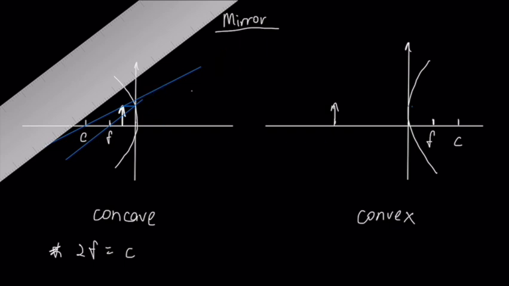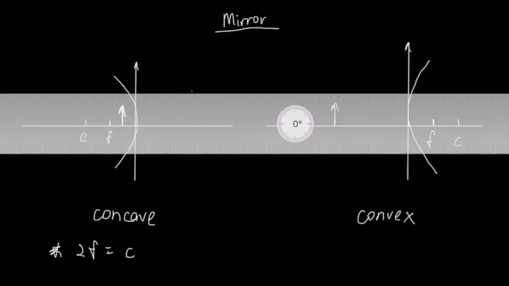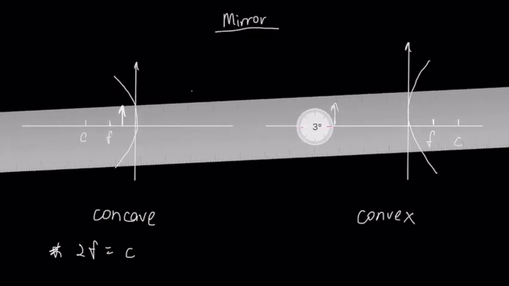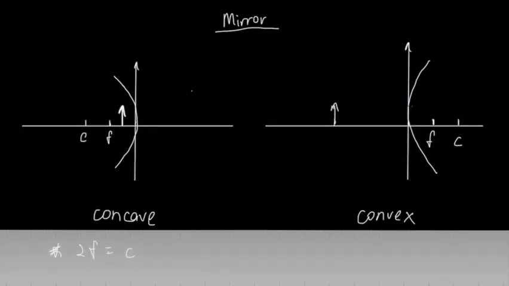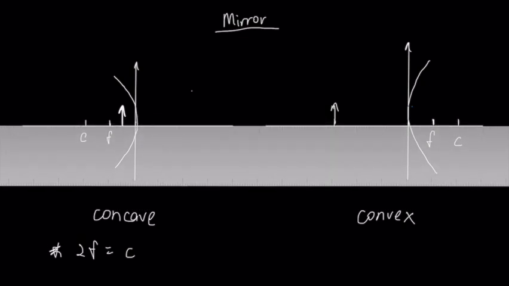And then now let's move to the convex. Yeah, I actually can leave it there. Okay, it's fine. Let's move to the convex. Here I could also put that this will be the focal line, this is the center, and that is the image. You can see it's the same thing.